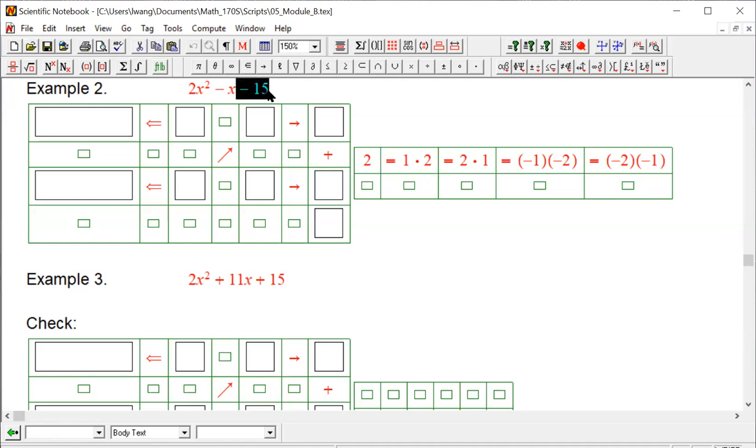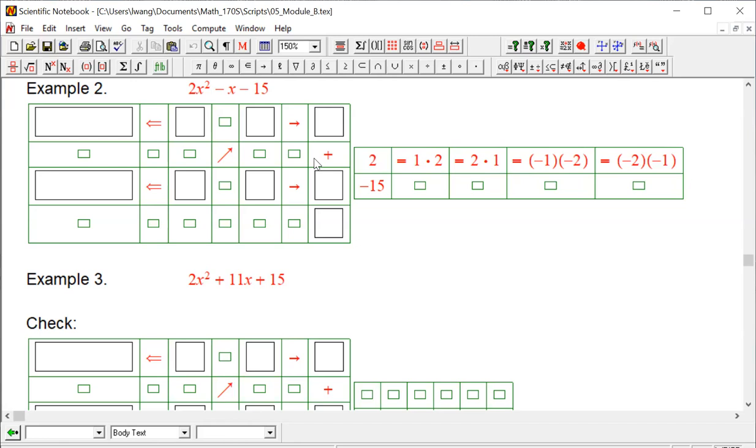For 15, you actually need to see it's a negative 15, not just 15. Negative 15 equals negative 3 times 5. It also equals 5 times negative 3, so you can switch the order.